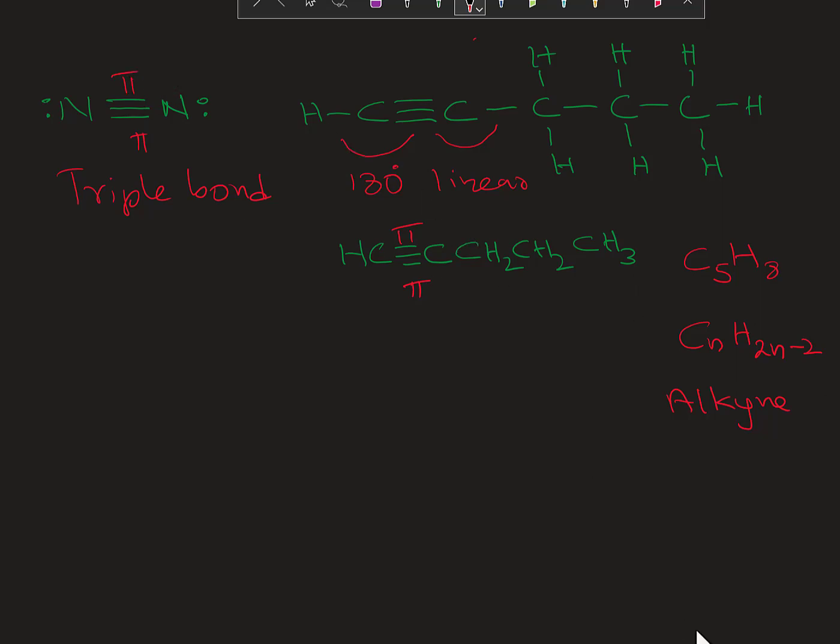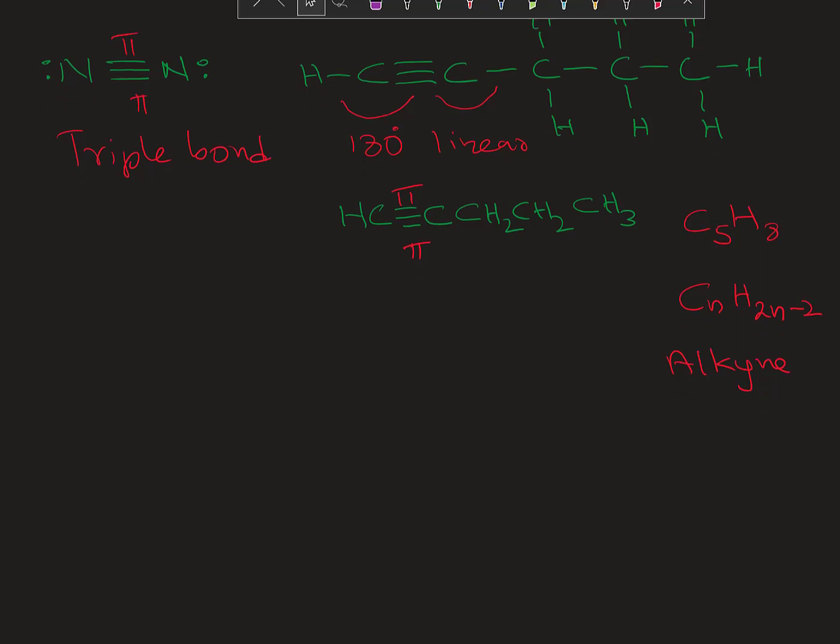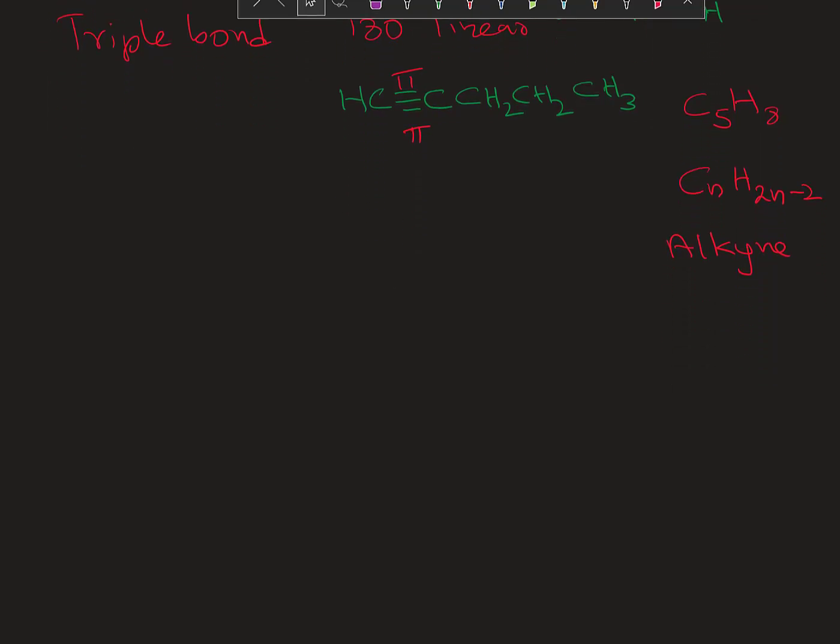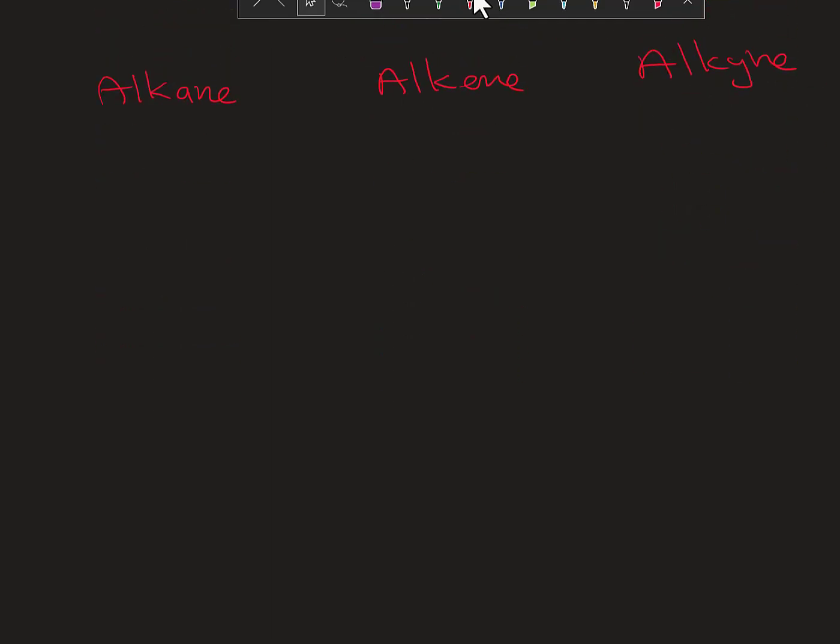Okay, all right. Now I'm going to teach you 2 additional things here. That is the homologous series. So now we talked about alkanes, alkenes having at least 1 double bond, and alkynes having at least 1 triple bond. The alkanes have all single bonds, correct?